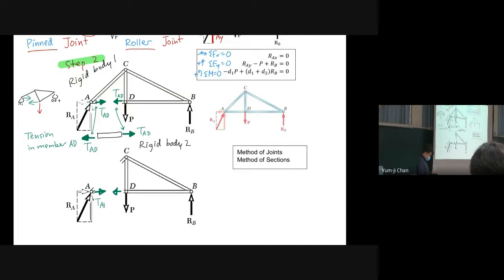Now if we cut along AC, we can have TAC here and TAC here by the same method, by the same principle. We can draw it like this.